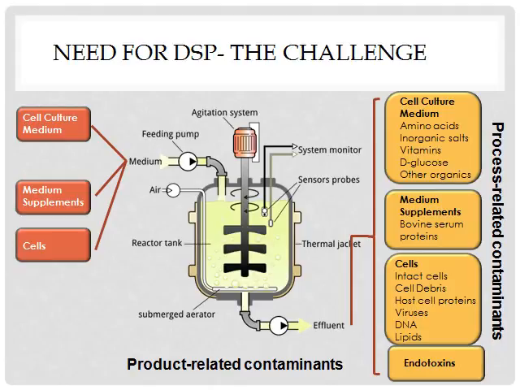That includes the intact cells, cell debris, host cell proteins, potentially viruses, DNA, lipids, and other cell contaminants, potentially endotoxins. You have the media supplements, particularly those derived from the bovine serum proteins. You have contaminants from the cell culture media. These are amino acids, inorganic salts, vitamins, glucose, and other organics.